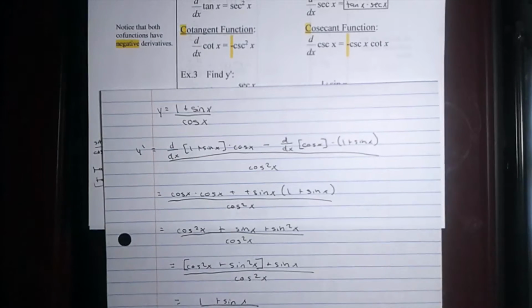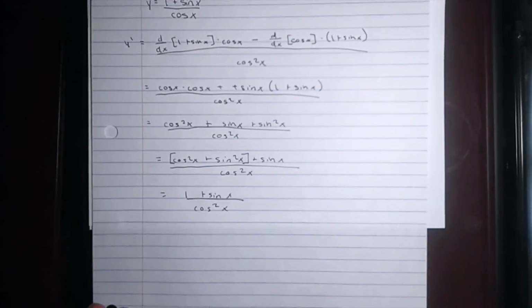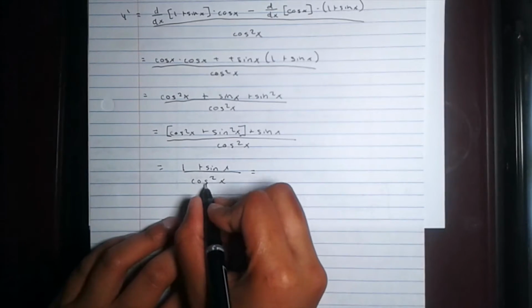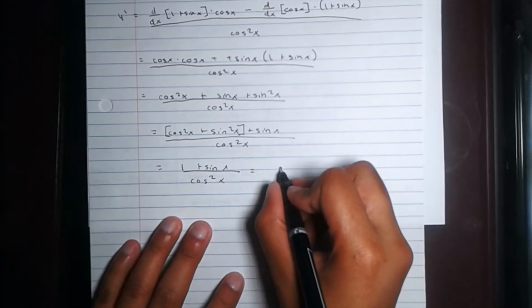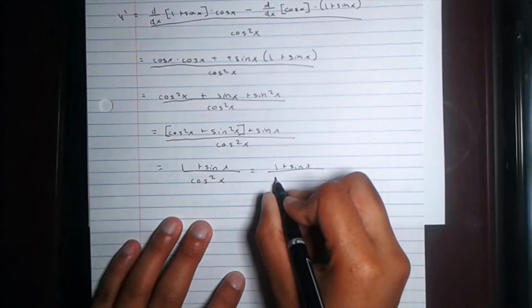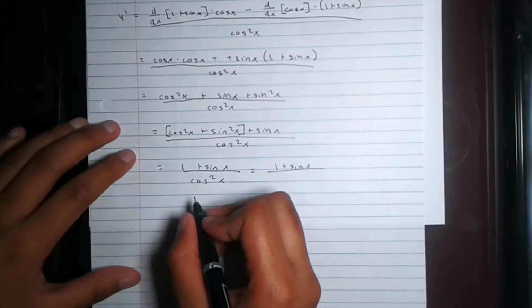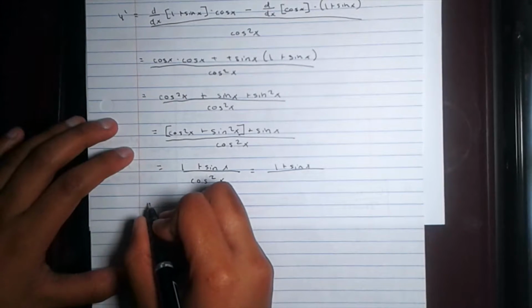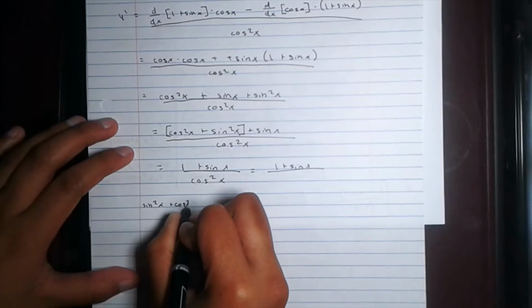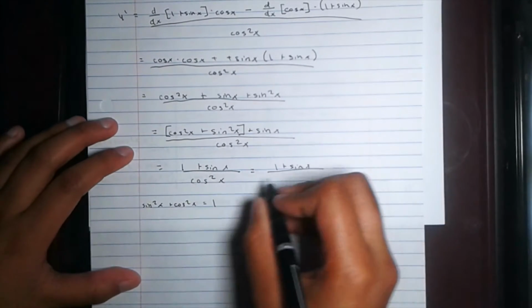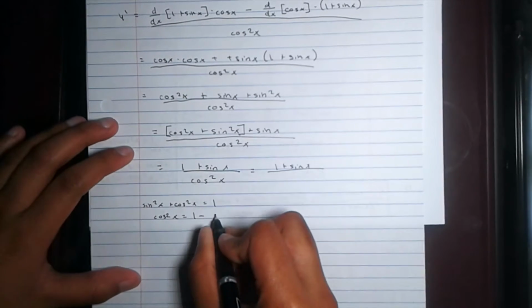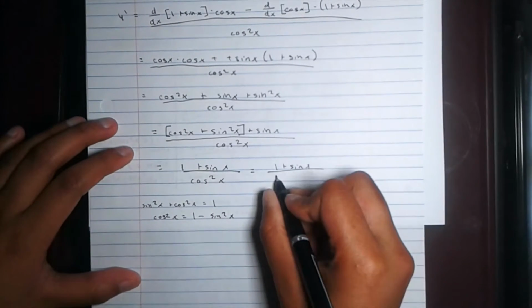And you can simplify that a little bit more, because from the identity, cosine squared x could be 1 minus sine squared x.